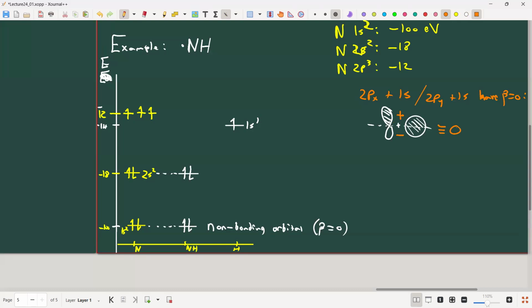So the only contribution that we have is the pz with the 1s, where there's sigma. So 2pz plus 1s is the only bonding contribution.